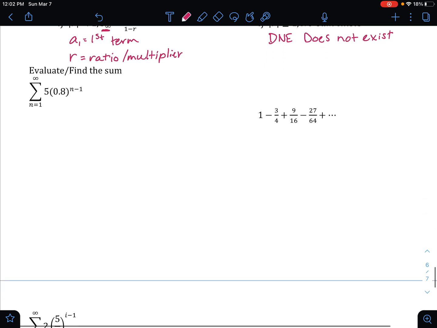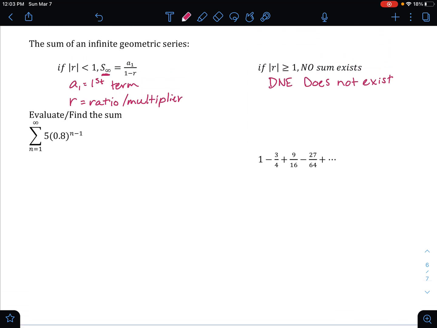So when we look to evaluate this sum, you're going to see this style and some different notations. We know we are looking at an infinite geometric series if our upper bound goes to infinity, which this one does. And remember, this equation is in the style from our day 2 notes, 12 day 2, where it's our a sub 1 times r to the power of n minus 1.